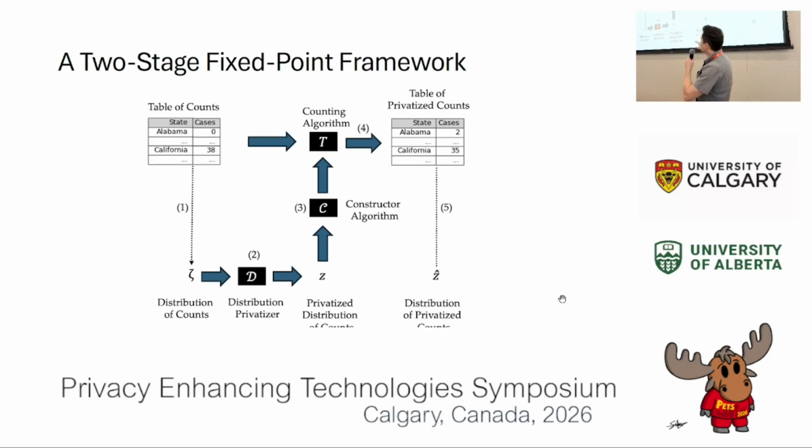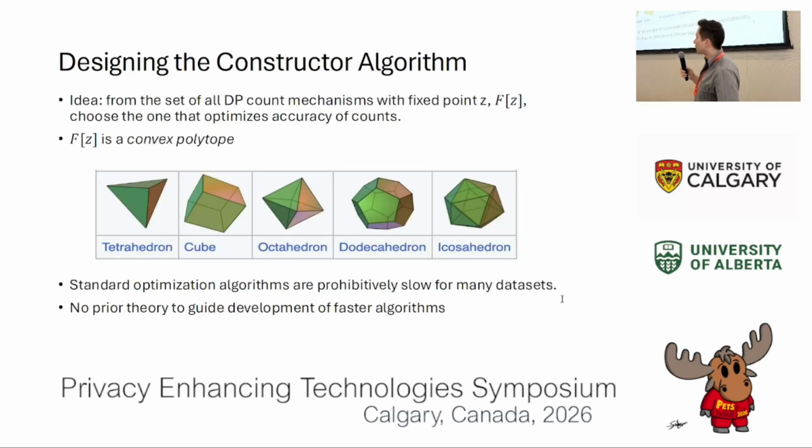So we actually did work on pretty much every part of this two-stage framework. But for this quick talk, I just want to zero in for a moment and tell you a little bit more about that constructor algorithm. So remember, it's the job of this constructor to choose those transition probabilities in T. And early on, we had this idea.